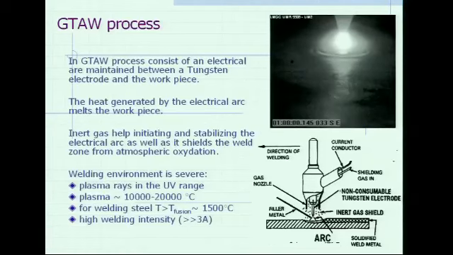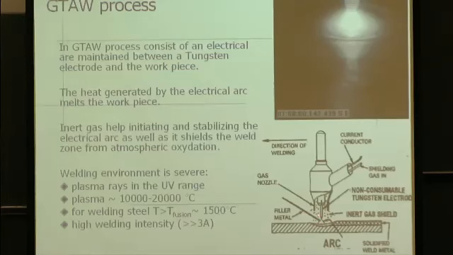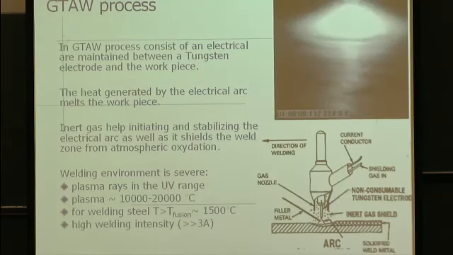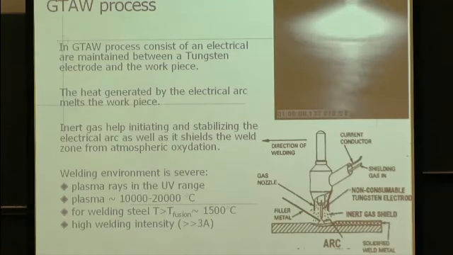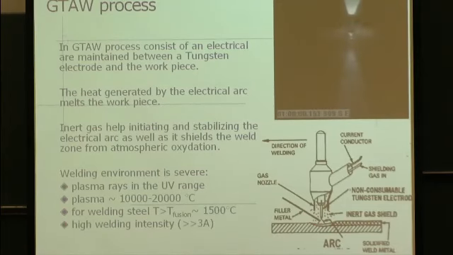Here we have an electrode in tungsten, generally, in gas tungsten arc welding, and a gas is used to ionize and help to stabilize the electrical arc, because the atmosphere is not a very good electrical conductor. So we generally use argon or helium to enhance the electric conductivity in the surroundings and that stabilizes the electrical arc, but we also use a second gas to protect the welding pool and the heated surface from oxidation.